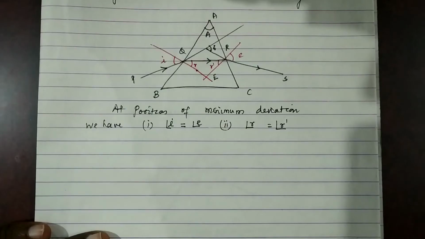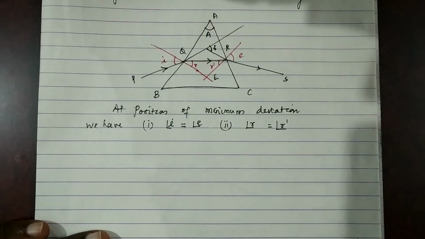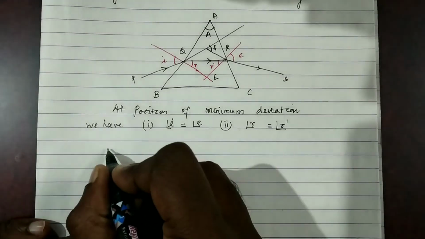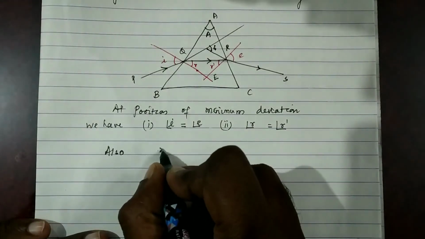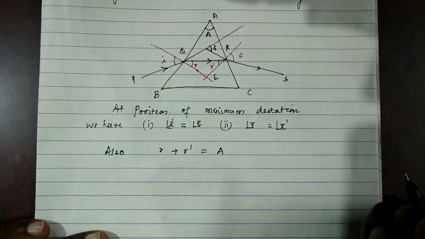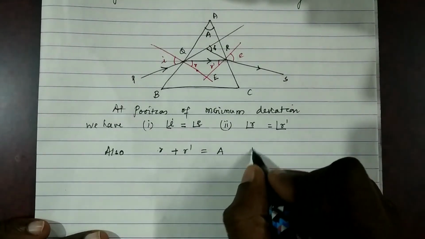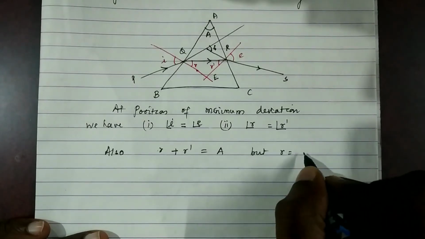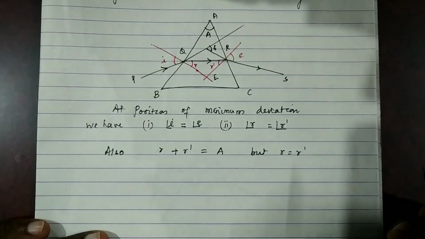These three things we have already found. Also R plus R dash is equal to A. But R is equal to R dash.